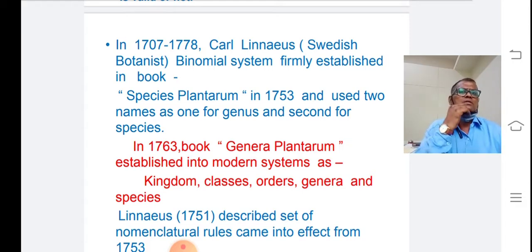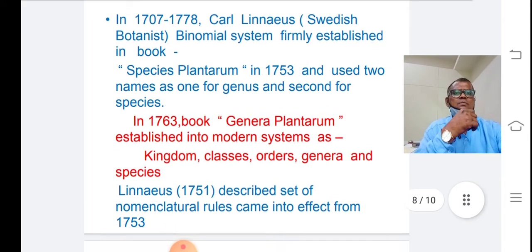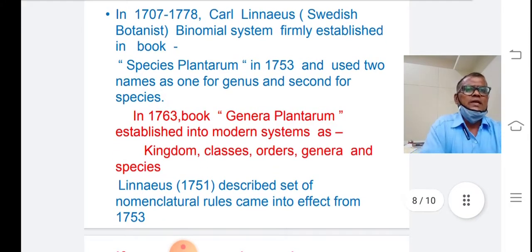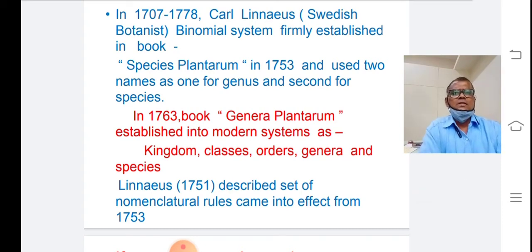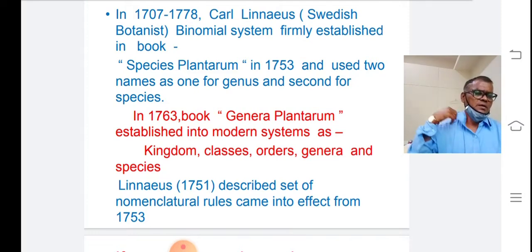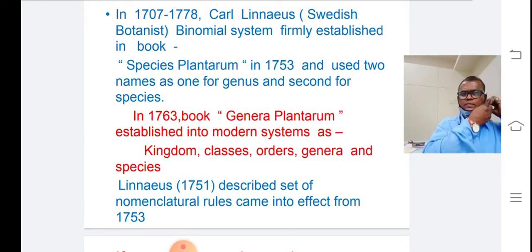In 1763, the second book they wrote was Genera Plantarum, establishing the modern system as kingdom, classes, order, genera and the species. And in 1751, Linnaeus described a set of nomenclature rules which came into effect from 1750. So all names were given by Linnaeus in his study. This is one part.